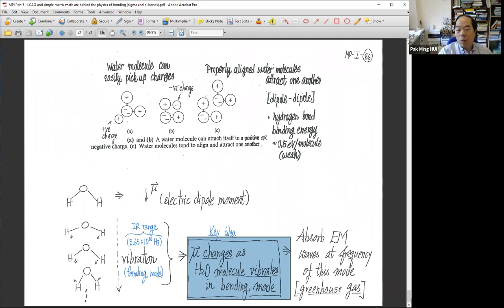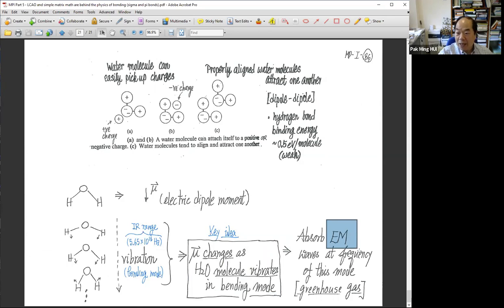Now, what is the important consequence of this fact? You have a varying electric dipole moment. It turns out that such a molecule will absorb electromagnetic wave at the normal mode frequency, okay?